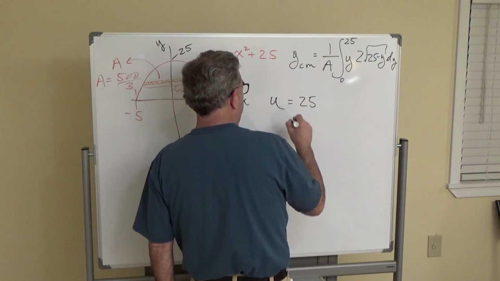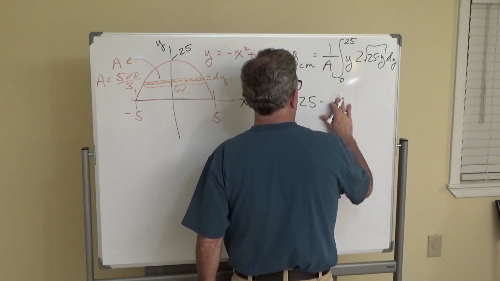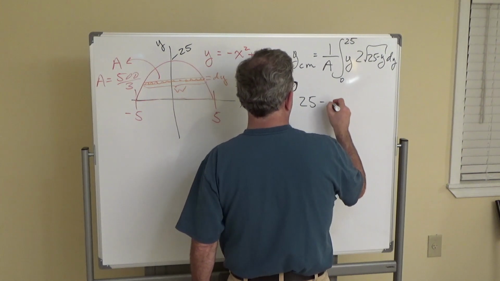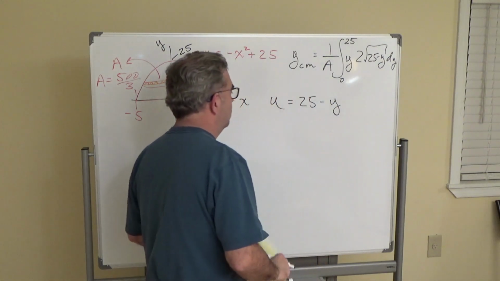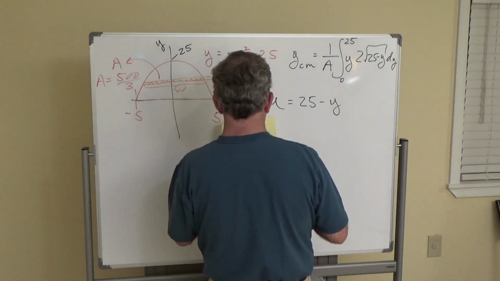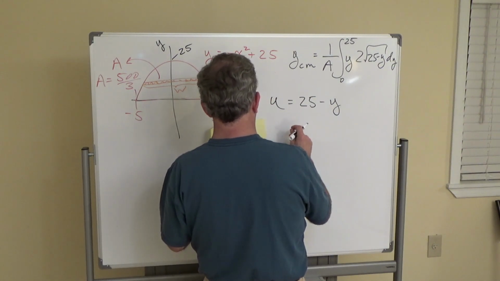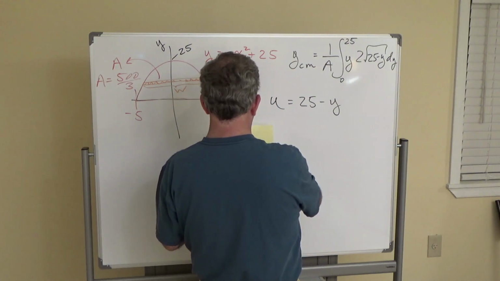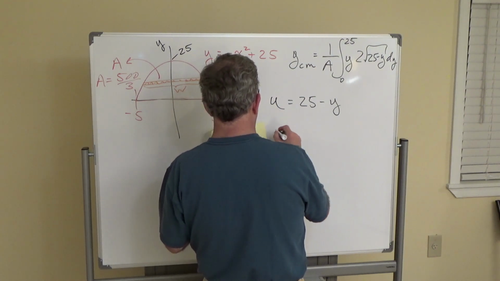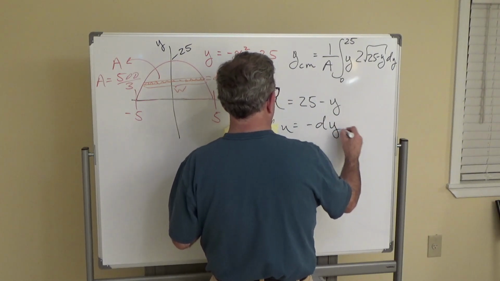So let u equal 25 minus y. So du equals minus dy.